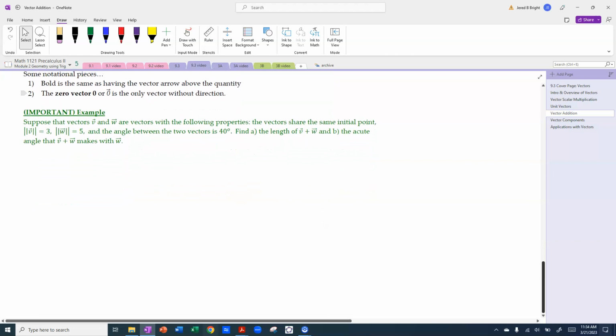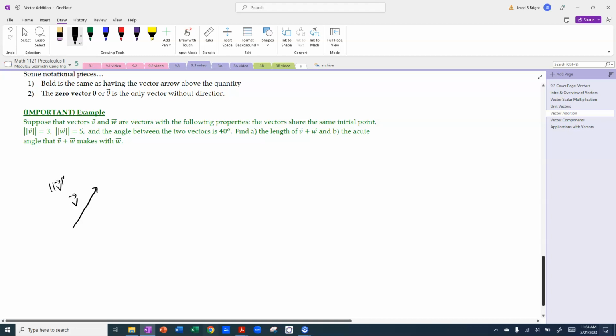Now, we're going to give you a very important example. We have vectors v and w with the following properties, and we are going to have to work with the sum. So I'm just going to make a quick little sketch. The length of v is 3. Here's v, we know its length is 3.